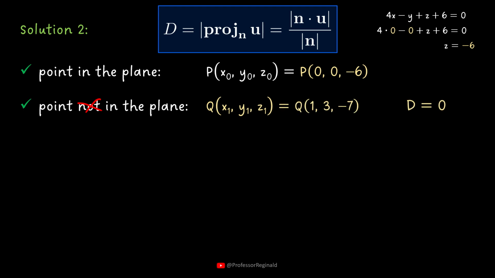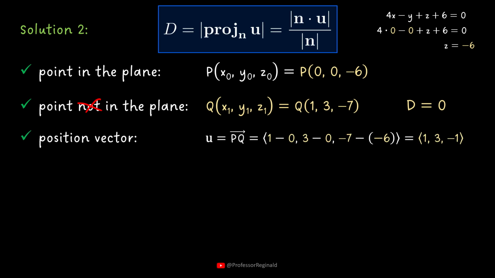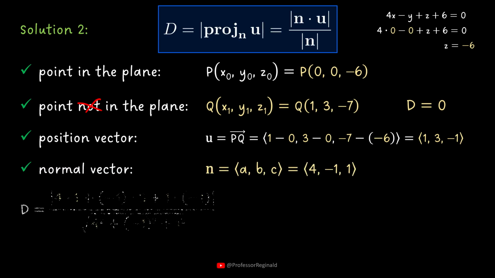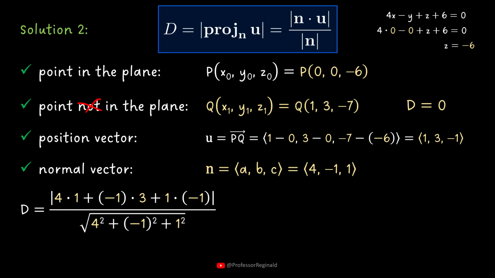But let us proceed with using the distance formula. The position vector of the point not in the plane with respect to the point in the plane is the vector from P to Q. Like in the previous solution, the normal vector can be extracted from the equation of the plane. Substitute the components of the normal and position vectors into the distance formula.